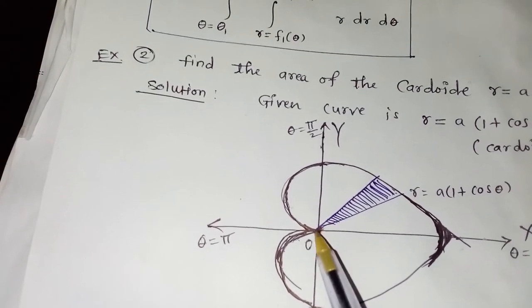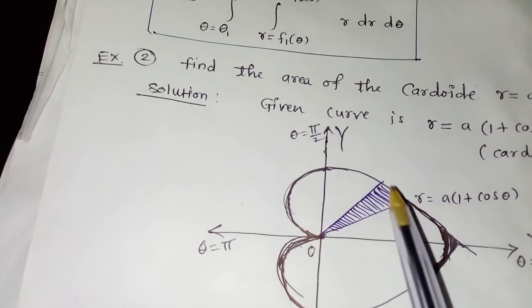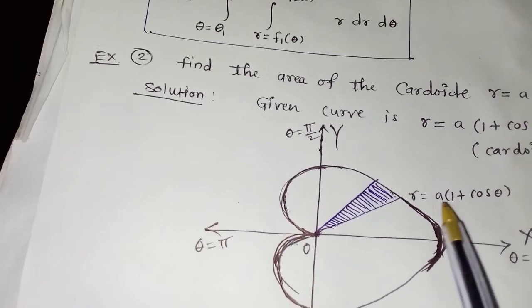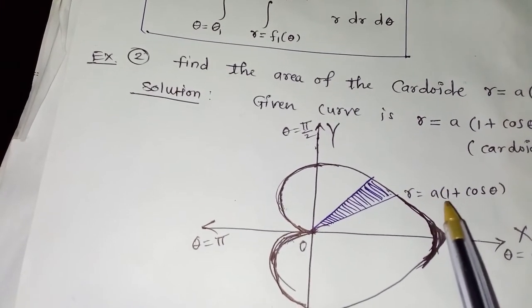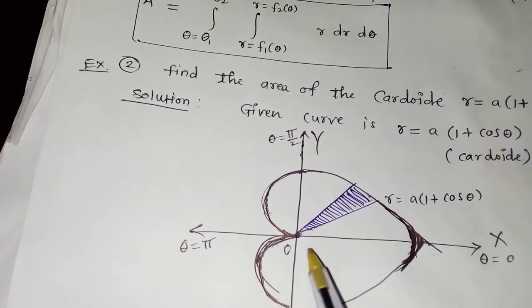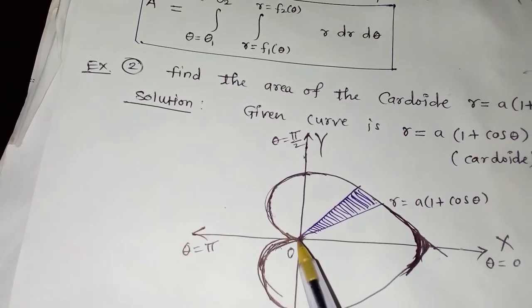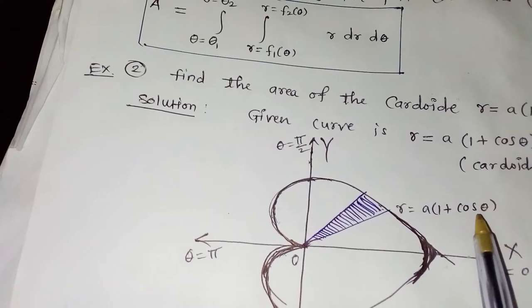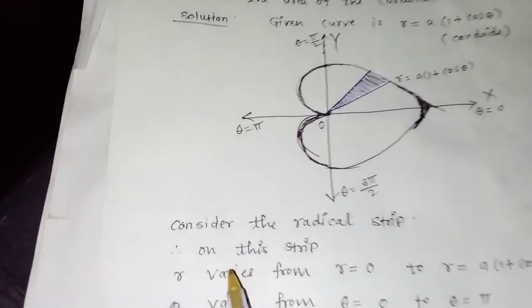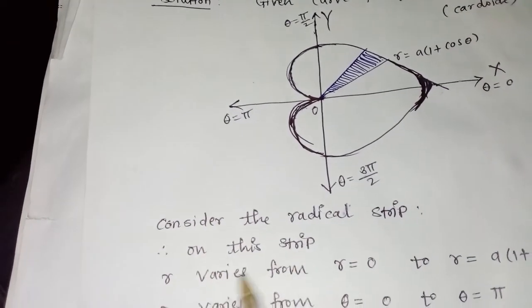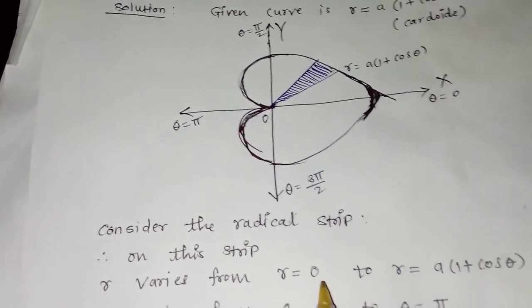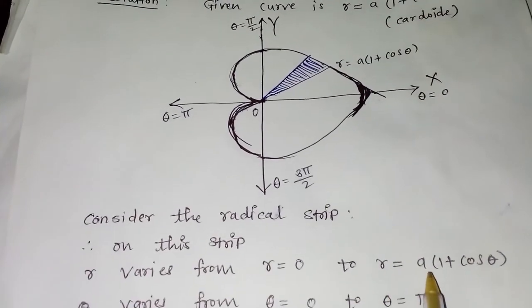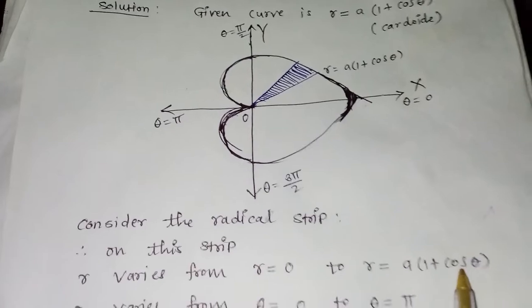So our radius starts from r equals 0 and ends at r equals a into 1 plus cos theta, and therefore the limit of r is r equals 0 to r equals a into 1 plus cos theta, that I have mentioned here on the strip, where r varies from r equals 0 to r equals a into 1 plus cos theta.